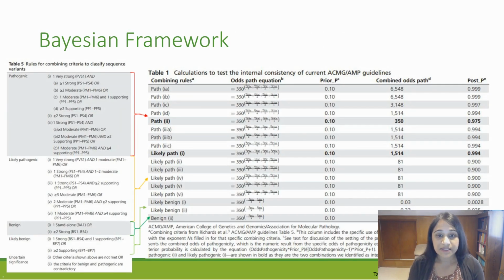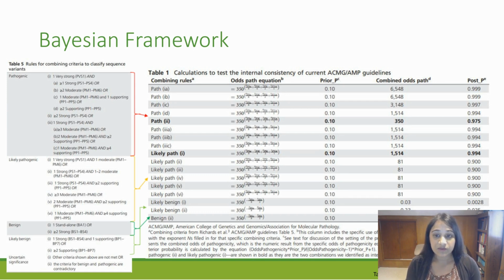Then in 2018, a paper came out from the Clinical Genome Resource, or ClinGen for short, who demonstrated that the methods for evidence combination in the ACMG AMP 2015 guidelines generally fit a Bayesian framework, meaning that the described rules for combination from the 2015 guidelines yield probabilities defined for the qualitative classifications.